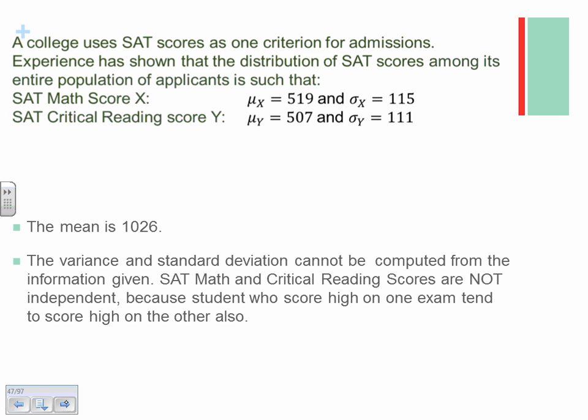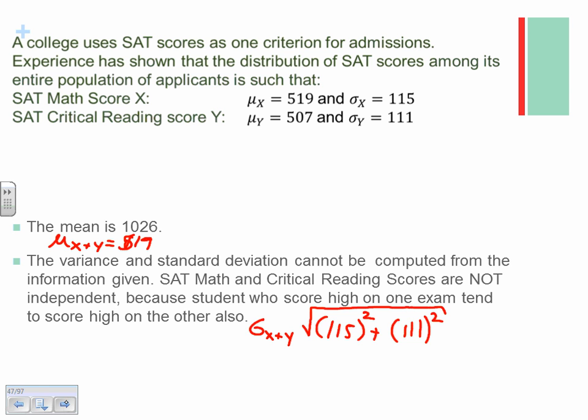If they were independent events, so if everybody was like me, then I would take 115 squared plus 111 squared and then square root to find your new standard deviation of sigma sub x plus y. So your new mean of x plus y would be your 515 plus 507. Okay? And you could calculate what those would be.